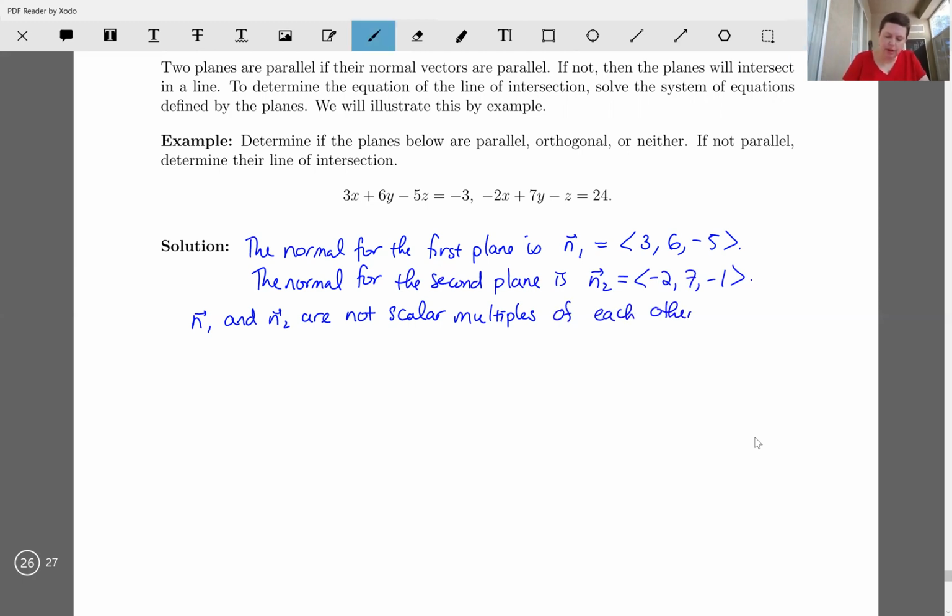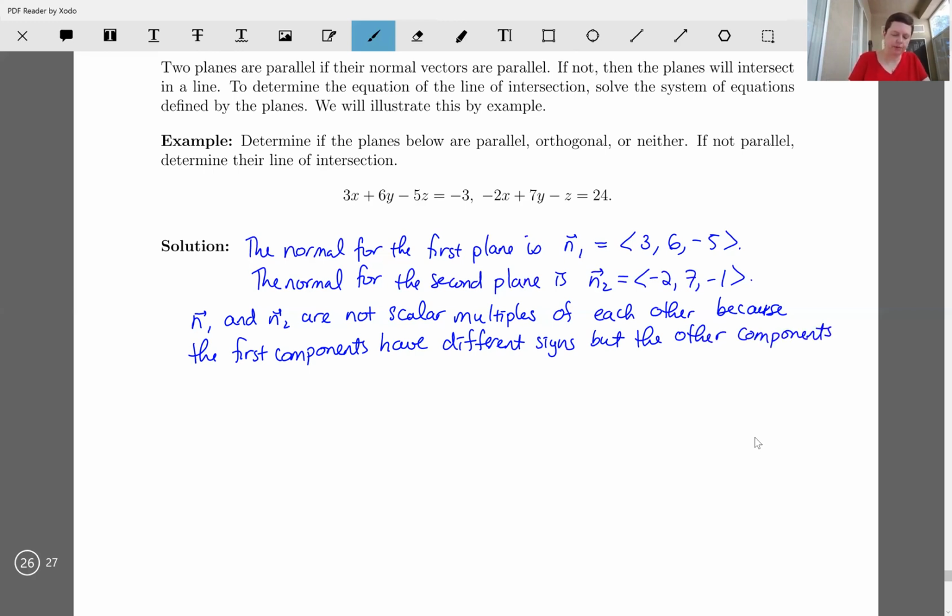The reason is, if you look at the vectors, the first components have different signs, but the other components are of the same sign. The first component of n1 is 3 and of n2 is -2. But because the other components have the same sign, we know it's not scalar multiples.